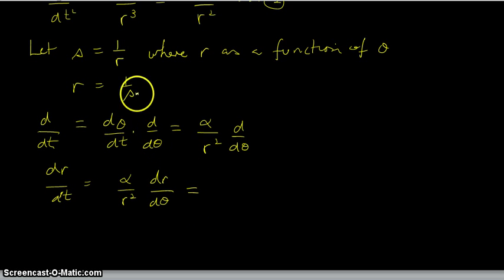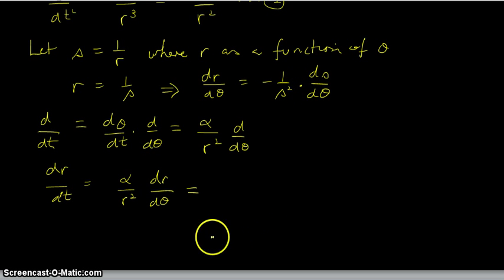Well, if we go back up to here and differentiate that thing with respect to theta, we get dr by d theta is minus 1 over s squared ds by d theta. So going back to here, we've got alpha on r squared times dr by d theta, which is that.